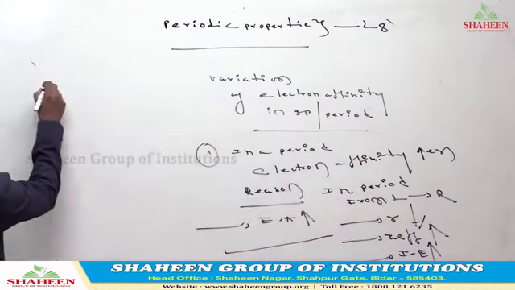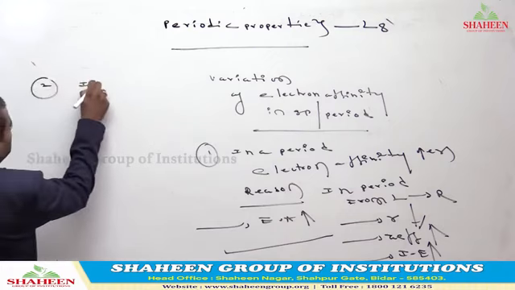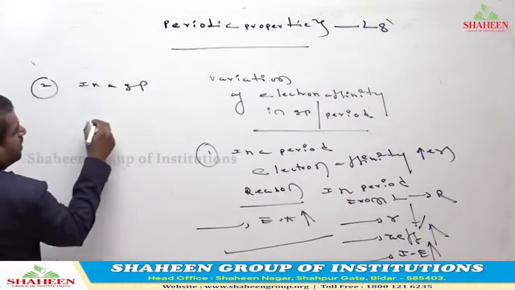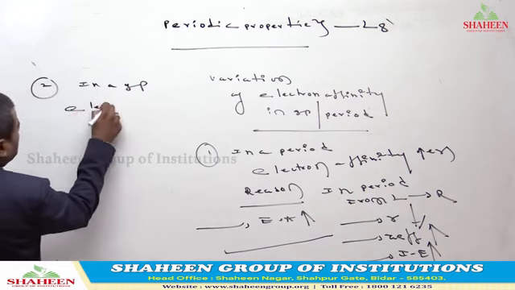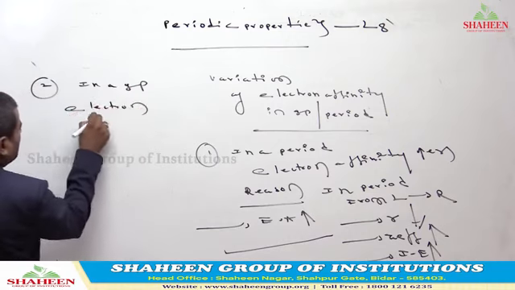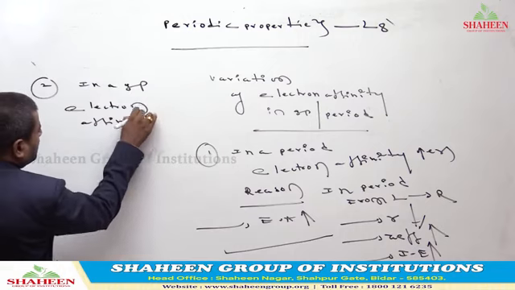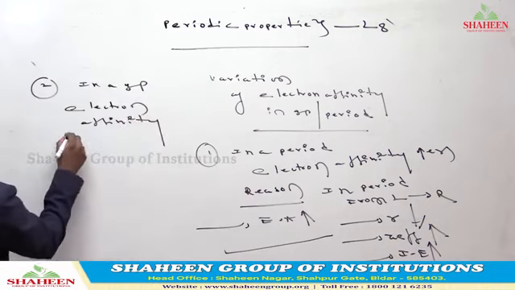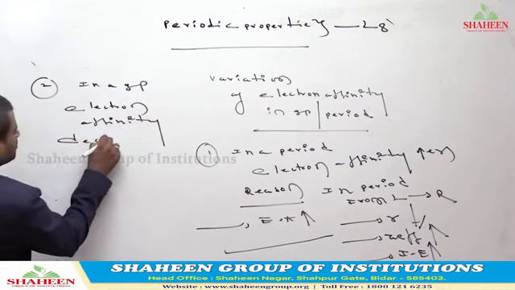Now I am discussing electron affinity in a group. In a group, electron affinity decreases.